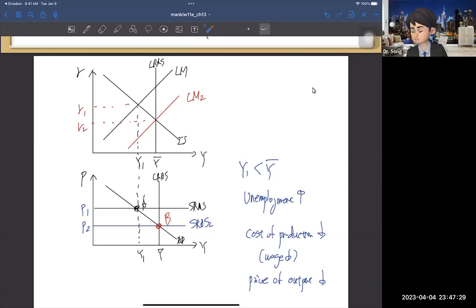Before we had the IS-LM model, we could not talk about the details of the interest rate. But now you can see that when we have a recessionary gap, the short run aggregate supply curve shifts downward, we have a lower price level P2, and the output goes back to the long run level of output. At the same time, since the price is decreased, the LM curve shifts to the right, so we have a lower interest rate R2. Okay, that's it.